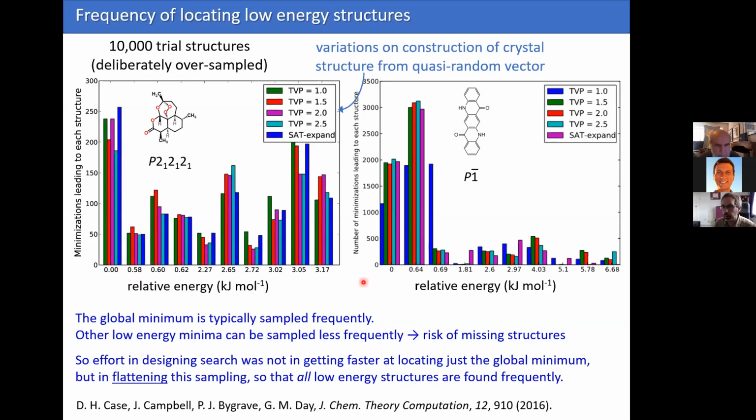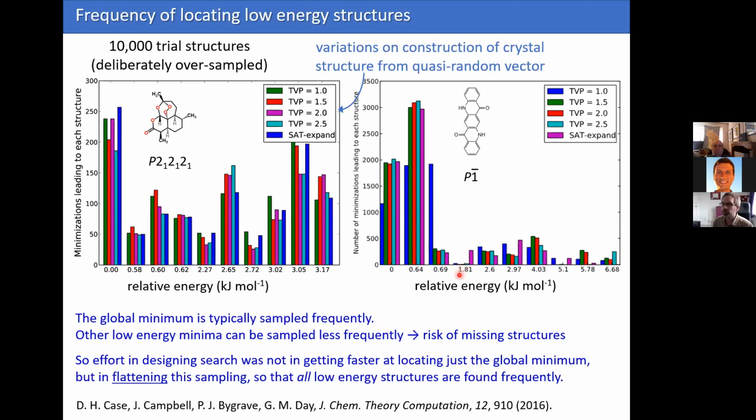I show this second molecule here because this is where things can start to get worrying. Again, the global minimum and now the second lowest energy structure are found very easily, hit thousands of times within 10,000 energy minimizations. But the fourth lowest energy structure, which is within the range of structures we would expect to be able to see, perhaps from different crystallization conditions, is actually missed in some of these searches and is only hit very, very small numbers of times.